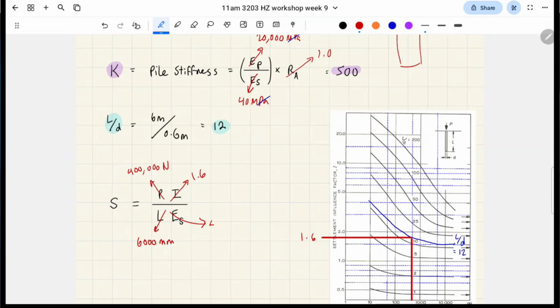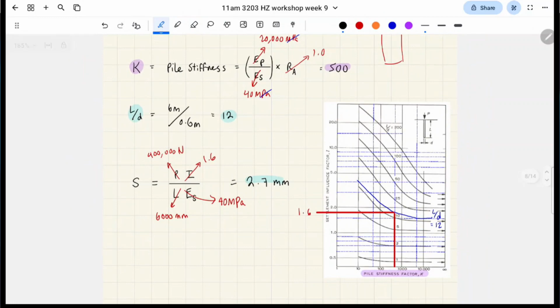Soil modulus was actually given to us just in MPa, so that's fine. So if we keep all those consistent, we're going to get settlement in millimeters, which is good. That gives us 2.7 millimeters, and that's the answer. Okay, is everyone happy with that? Yeah? Okay, we're gonna have to move on.